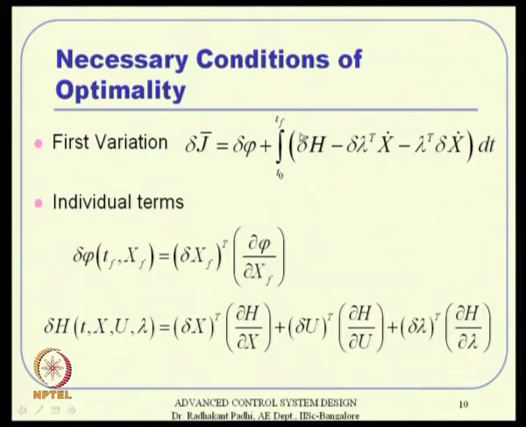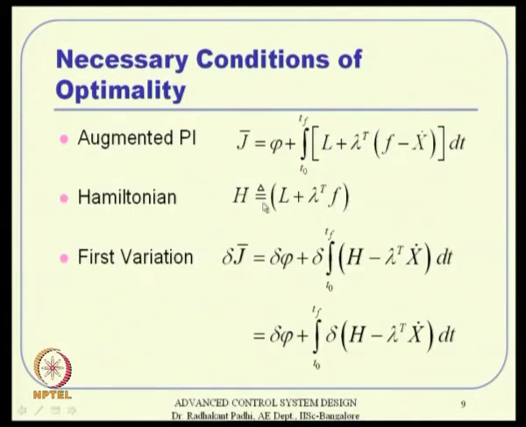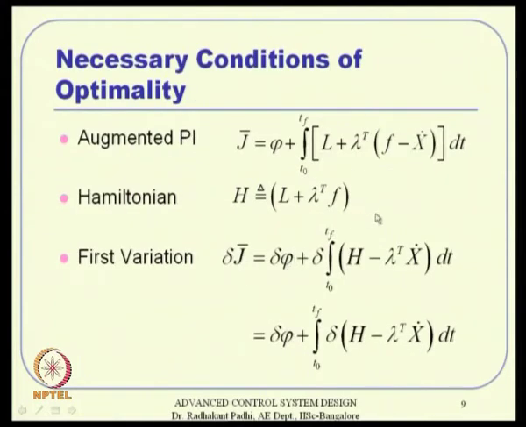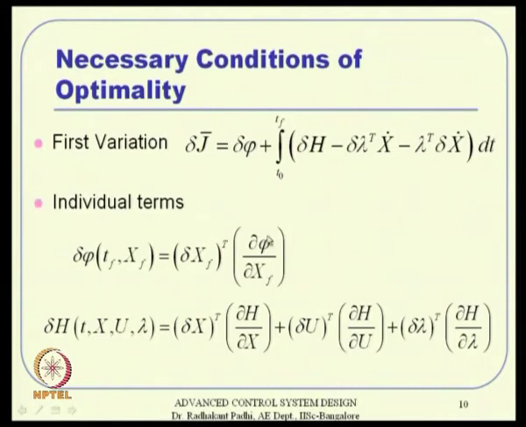And the first variation of H: remember H is a function of t, x, u, and lambda, because H is nothing but L plus lambda transpose f. L and f are functions of time and of x and u, and lambda is a function of time. So the first variation of H will come from variations of x, u, and lambda. Remember time is an independent quantity. In calculus of variations we have the flexibility of starting where we want and stopping where we want.